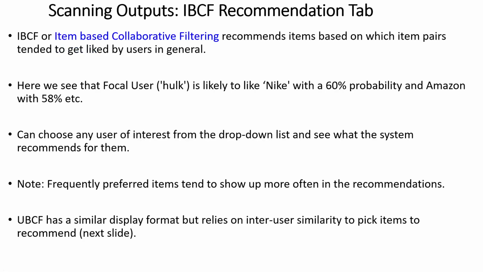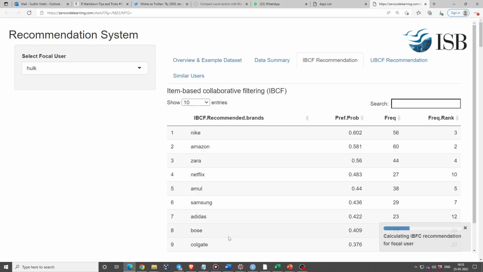Now let's go to the IBCF recommendation tab. Please note that there is a drop down and all 241 user names are here, so you can choose any of them. You can choose Sheldon, for instance, and it will show you recommendations for Sheldon. Let me go with Hulk for now.